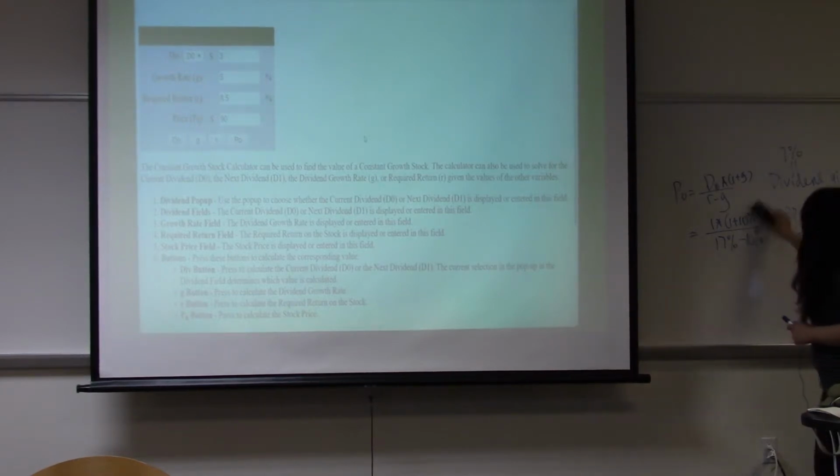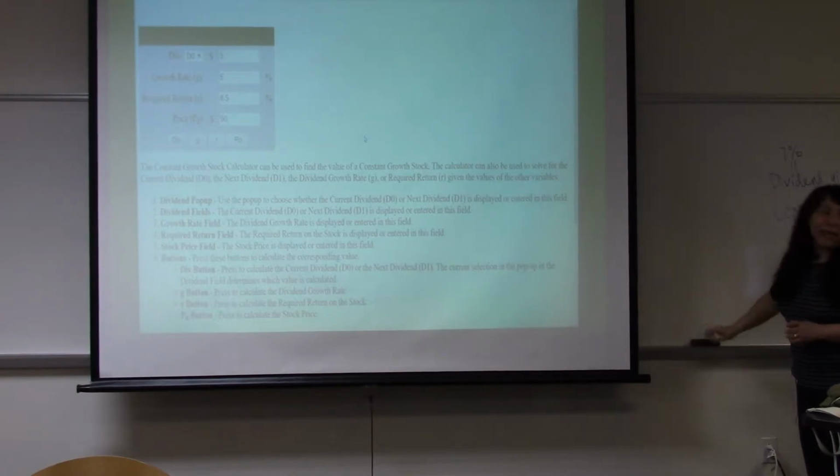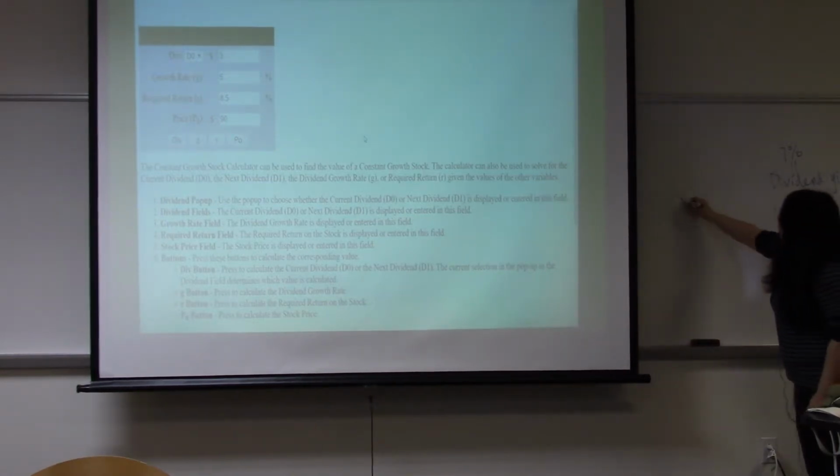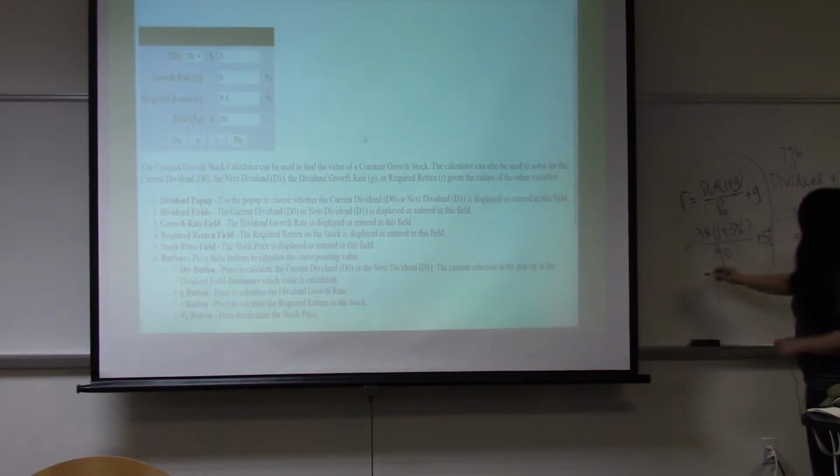Now the capital gain is only 5%. So the equation for this should be D0, so this is the equation, 3 plus 90 plus 5%.